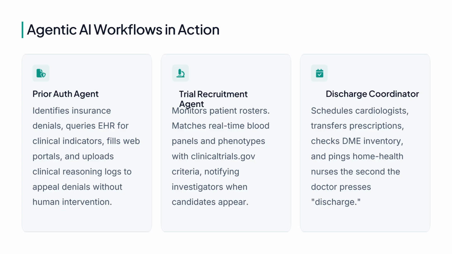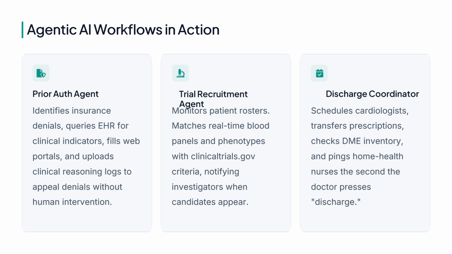So here are some agentic workflow examples. Now, a physician orders an MRI, right? The agent finds the order in the EHR. It automatically goes to the insurance portal, looks at the patient's history and their management, and then uploads all that information to the insurance portal for approval, all in the background.